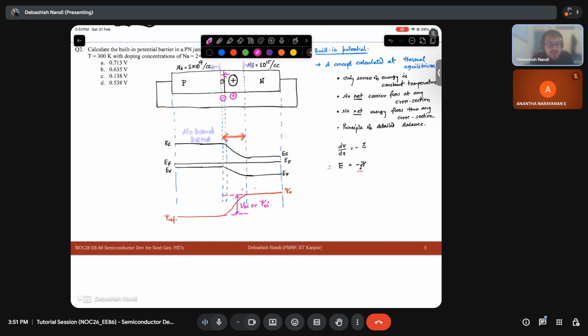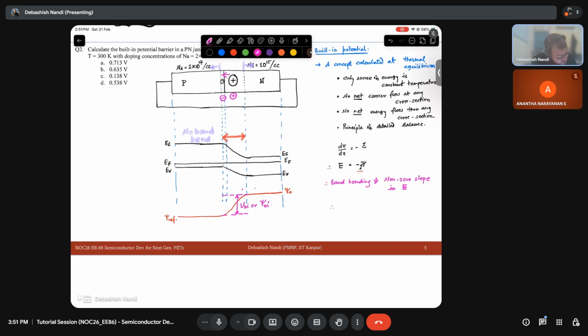Because what does band bending mean? Band bending means non-zero slope in the energy lines.